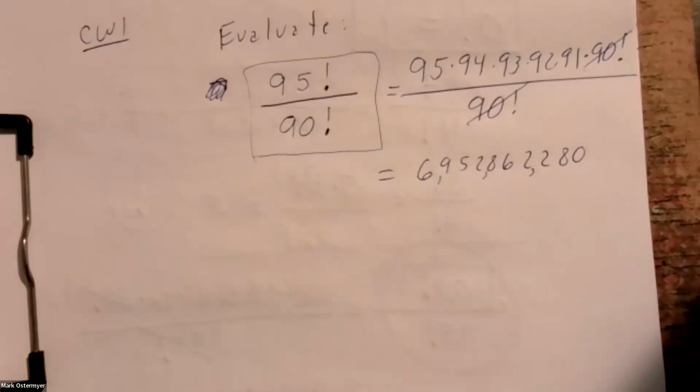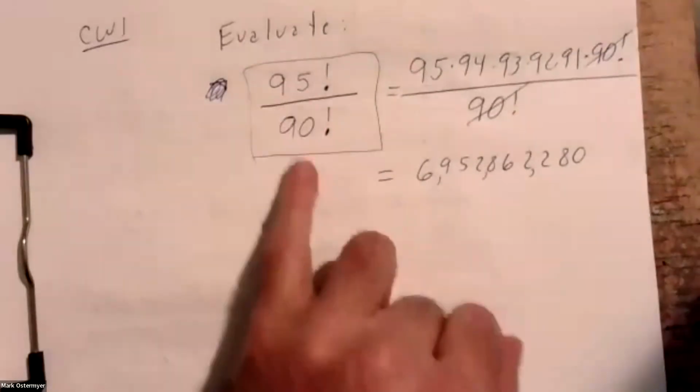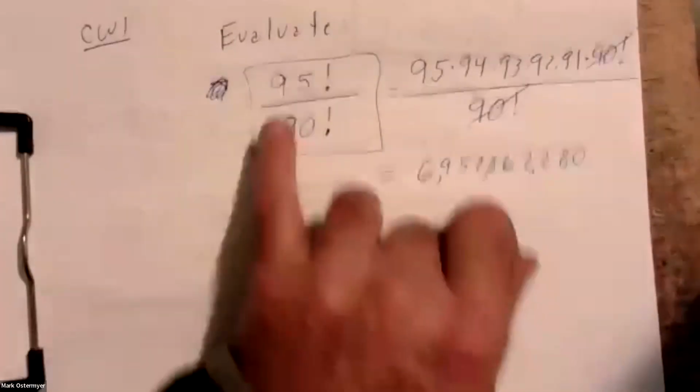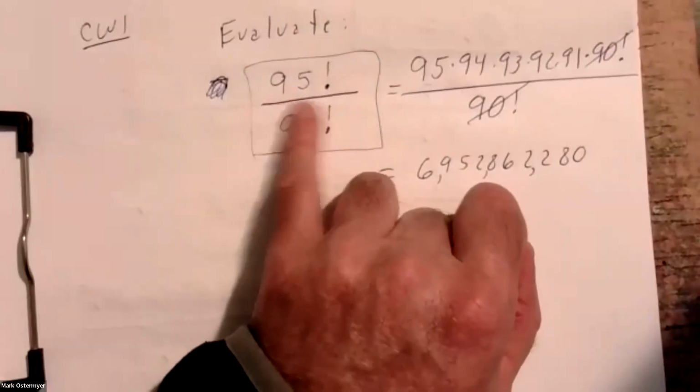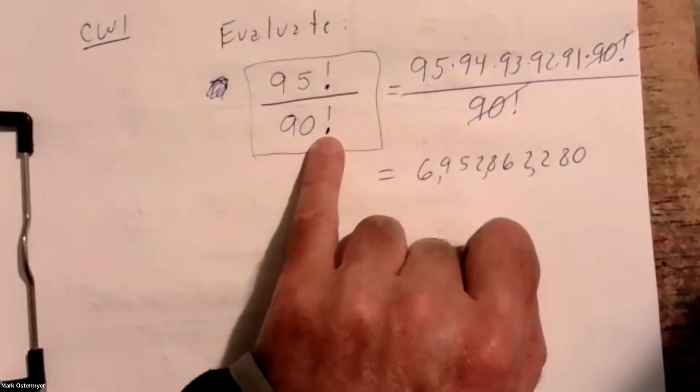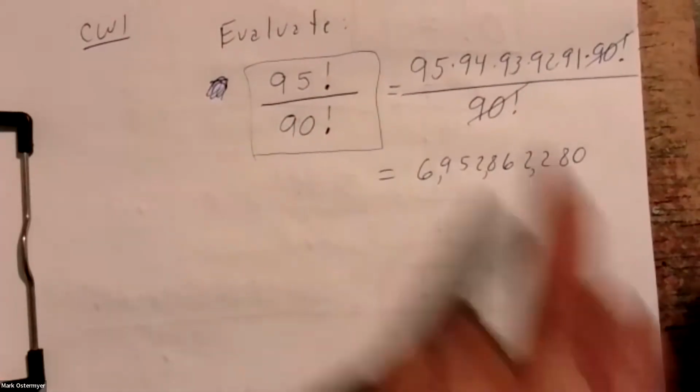What is that? 6,952,862,280. Did we all get that? Is it making any sense? Okay, good. All right, I just want to show you how to handle something like this. You're going to have to do this because your calculator cannot handle a number of the size of 95 factorial or even 90 factorial for that matter. So you got to do this.